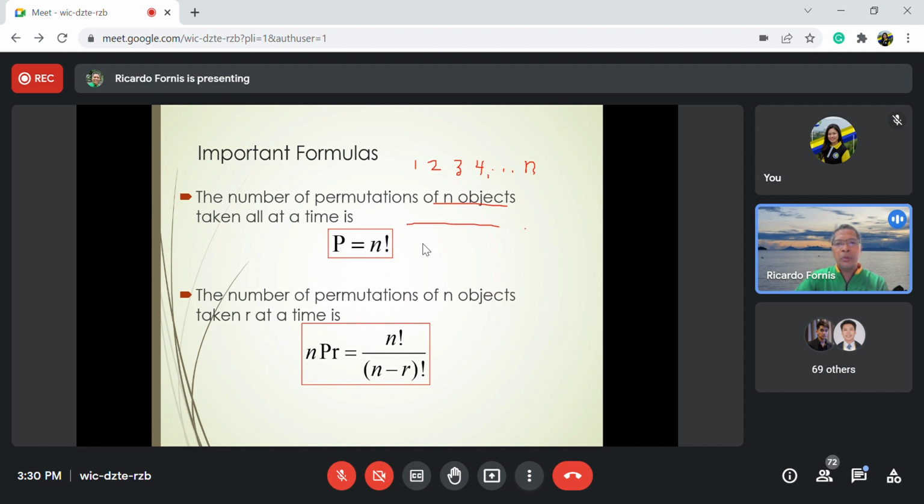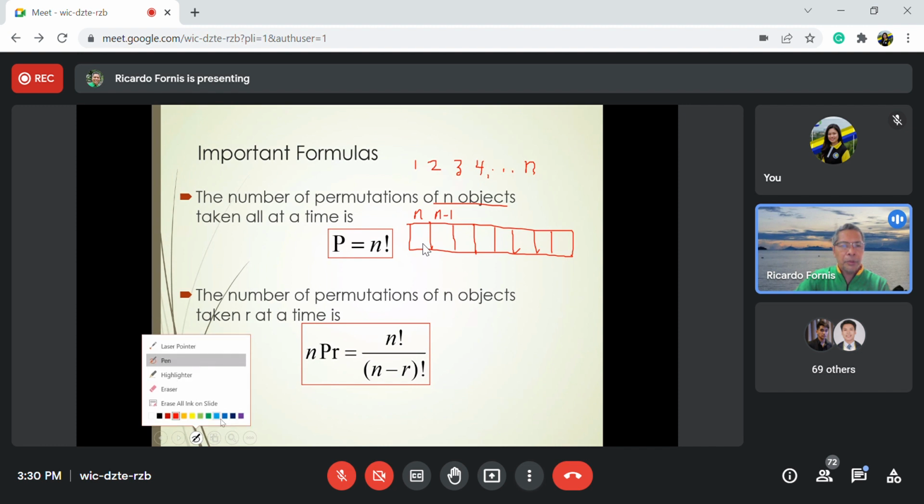To be able to form a group, you provide enough spaces to collect the group, meaning you have to provide boxes. This one is n, this is now n minus 1, this is the third box.